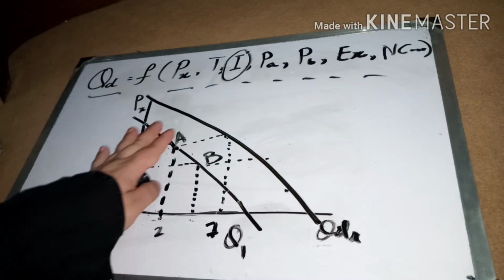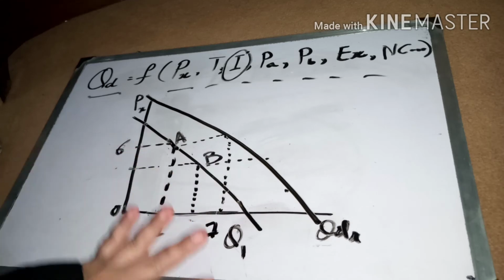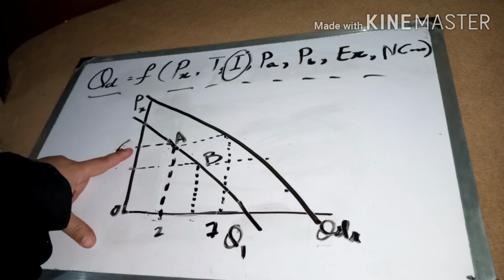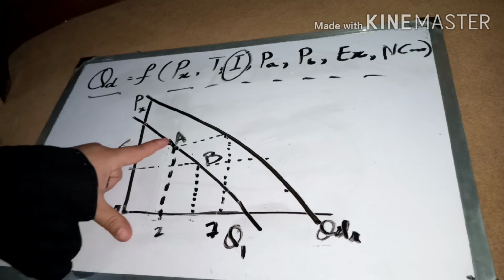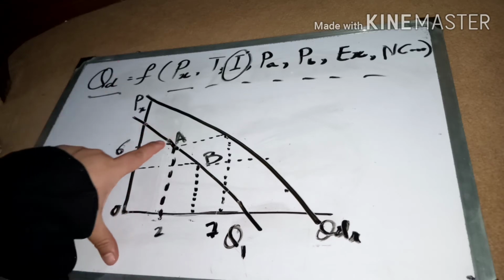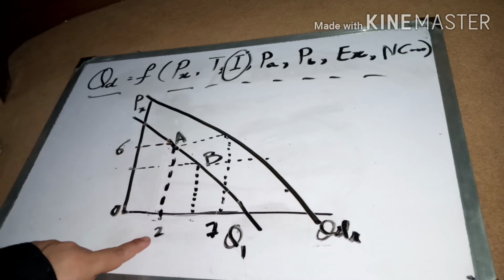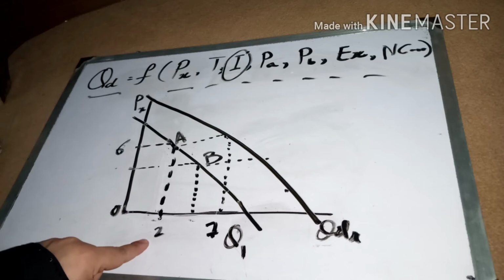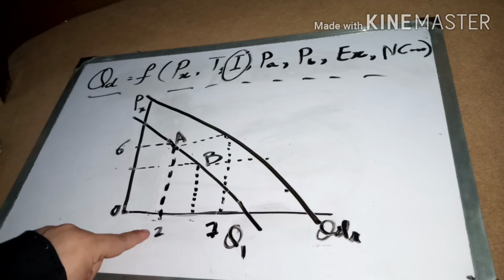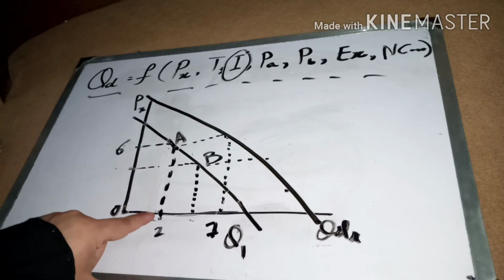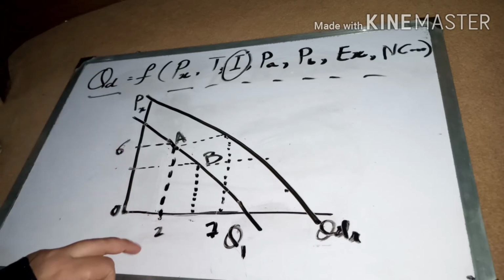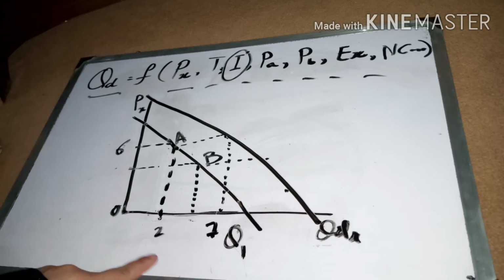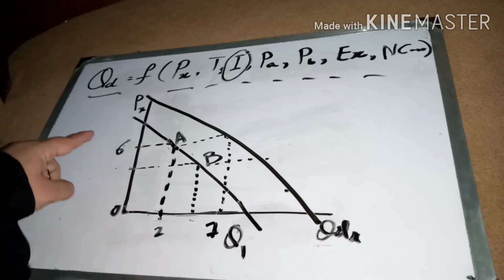I hope I am making some sense to you here: when the price was $6, the quantity that he wanted to buy was 2 units. That was because his income was low, and according to his income he was able to buy 2 units of the same product, which was a normal good.